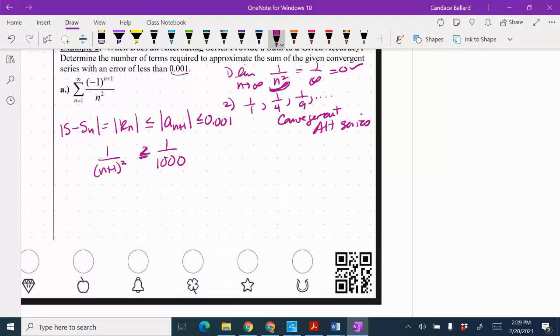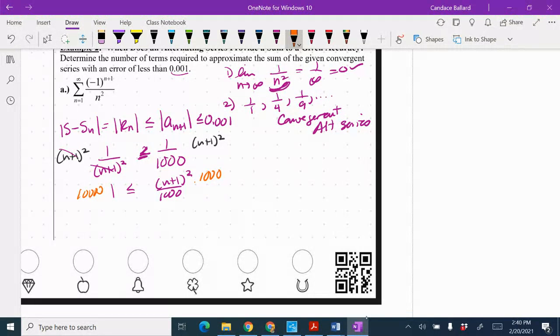Now I'm going to use my good algebra skills to go ahead and try to solve for n. So I am going to multiply both sides by n plus 1 squared. That would give me 1 less than or equal to n plus 1 squared over 1000. And now I'm going to multiply both sides by 1000.